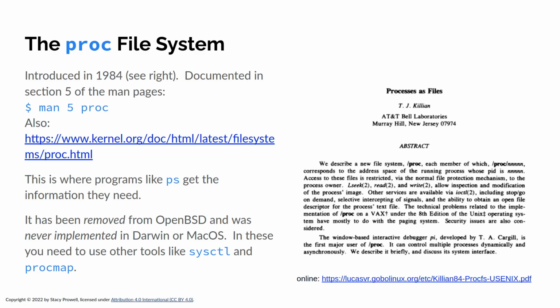Information can be delayed getting to it, etc. As a result of all this, it was removed a few years back from OpenBSD, and the folks at Apple decided they would just not even bother to implement it in Darwin and Mac OS. And so in those, you need other tools. And there are other tools that do the same kind of thing, right? You can call sysctl, you can call procmap, a dozen other things that you can call to get the information. It's not all in one convenient, easily accessible place like it is in Linux.